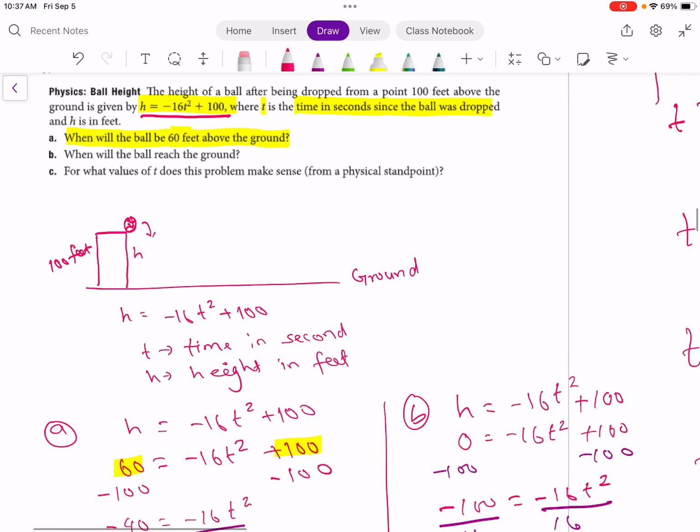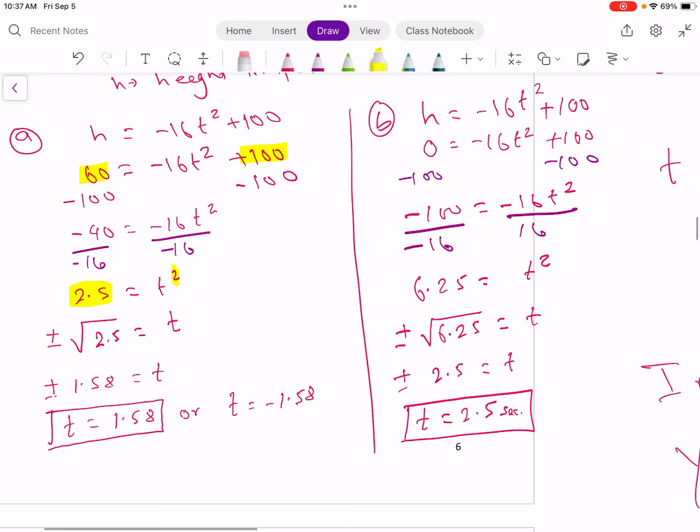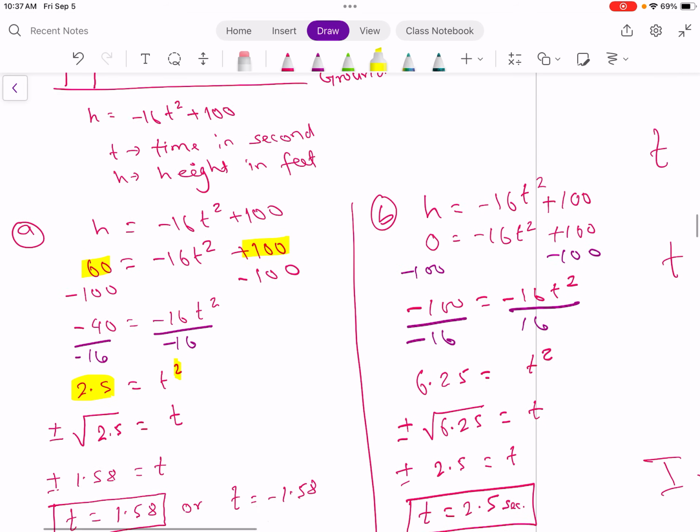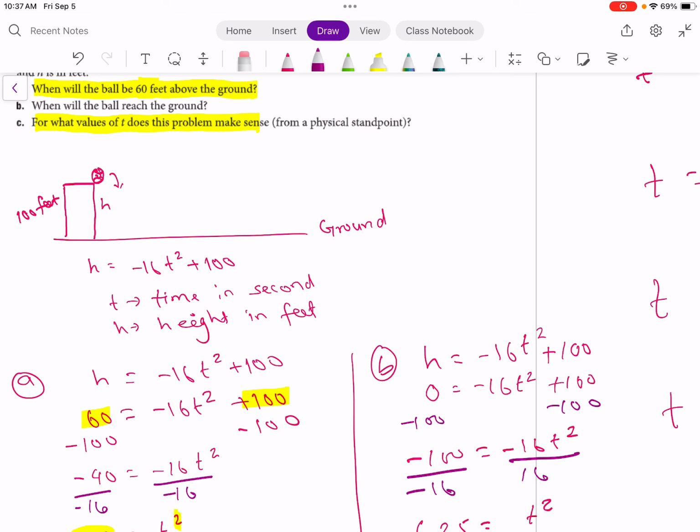Now in part C, for what values of t does this problem make sense? Okay, now so we have a ball. When the ball is at the top, our time is 0 seconds, right?